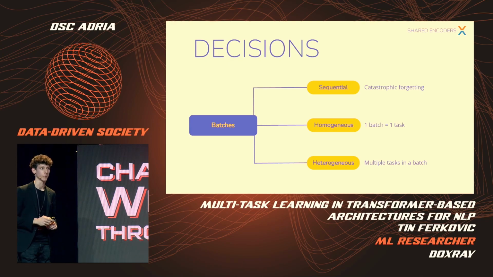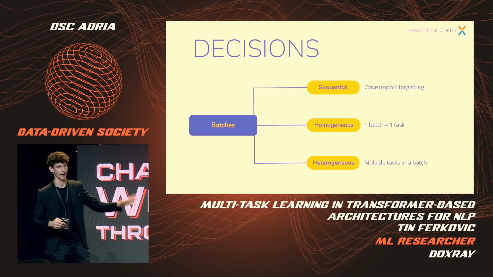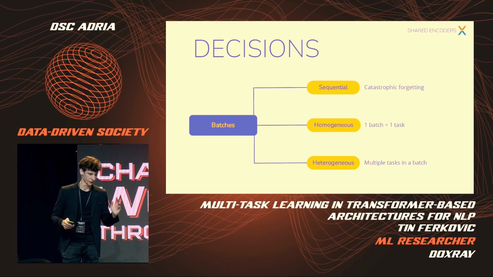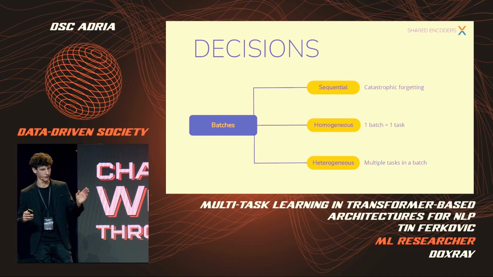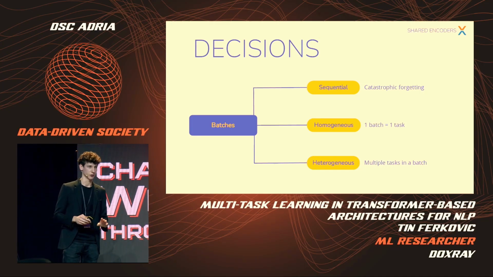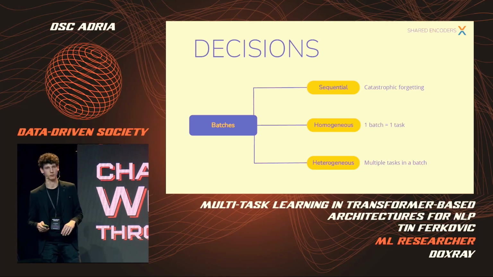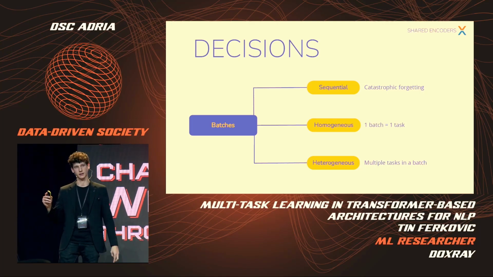Okay, so you can do it sequentially. I train on task A until convergence, then I go to task B, task C. But this will lead to catastrophic forgetting, right? As soon as you start training task C, for example, you've already forgotten everything about task A. So not a good strategy. You can make homogeneous batches. So every time you take a batch, you will sample from one of the tasks.